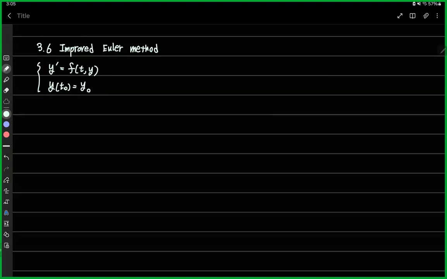So let's say the domain of y, here y is the unknown function, is from t0 to t sub n plus 1, which means that we divide the interval into n plus 1 subintervals. Okay, so it is n subintervals, sorry.